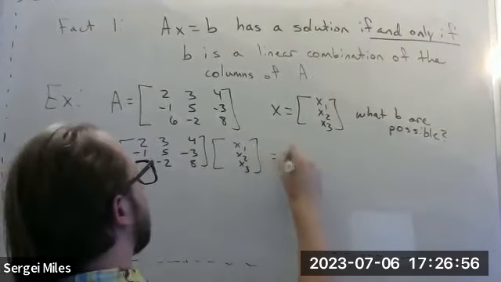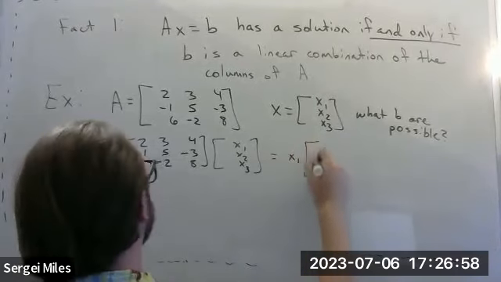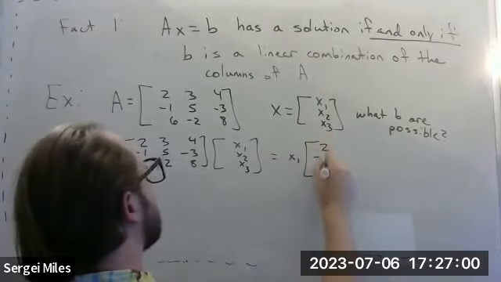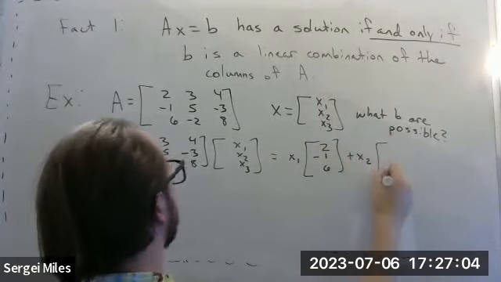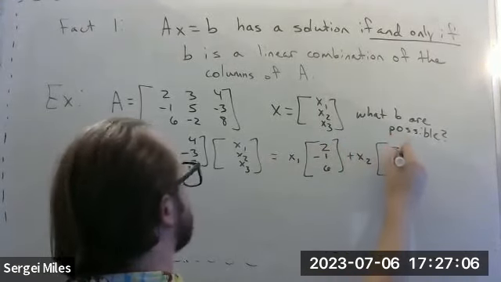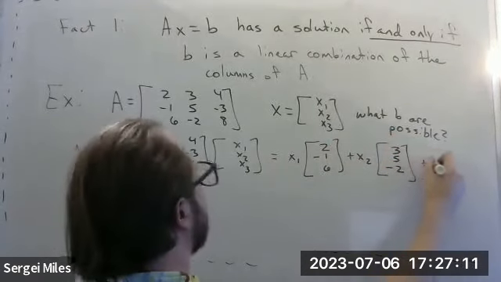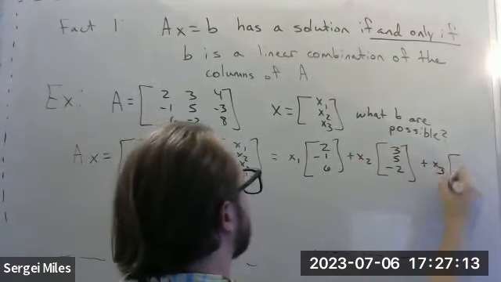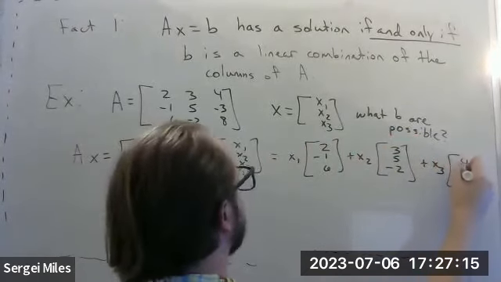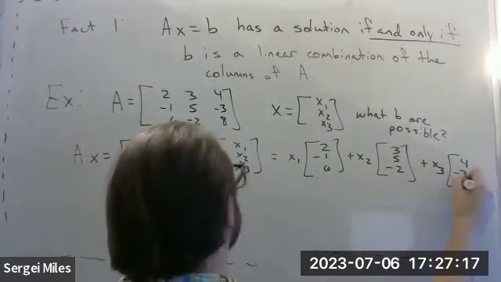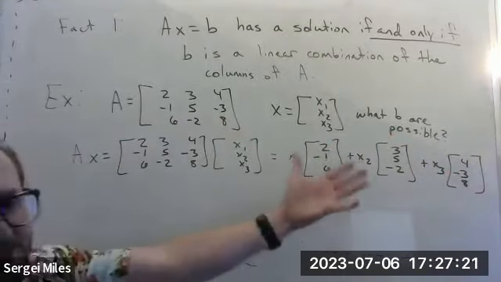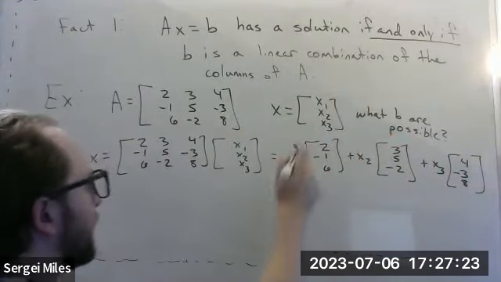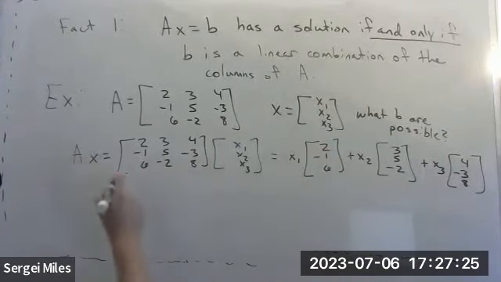I'm saying I have x1 times the first column plus x2 times the second column, and then x3 times the third column. But now that I've rewritten it in this linear combination format, I can apply the scalars and add together.